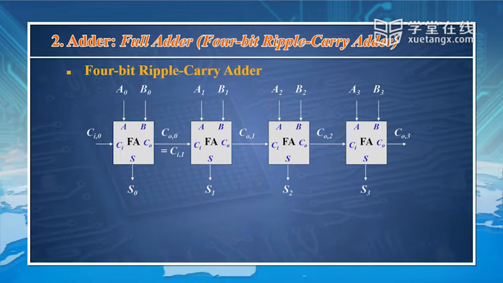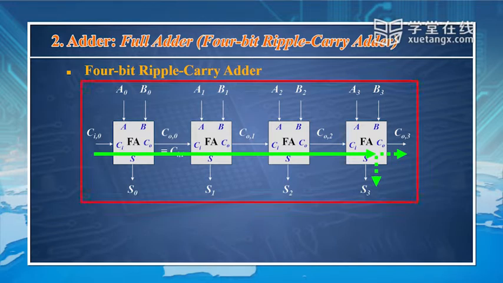And when we achieve the CO1, after this, the third full adder could take action of calculation, right? Then this one. So this is actually the critical path of the 4-bit ripple carry adder, from this one to this one, this one to this one.